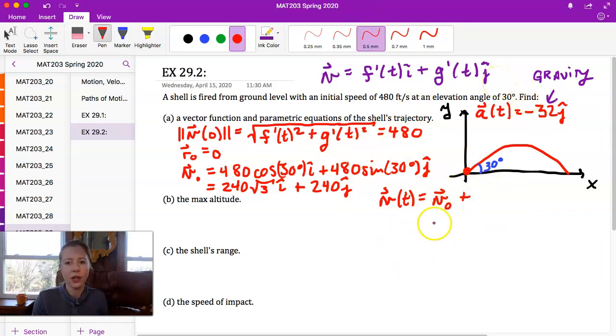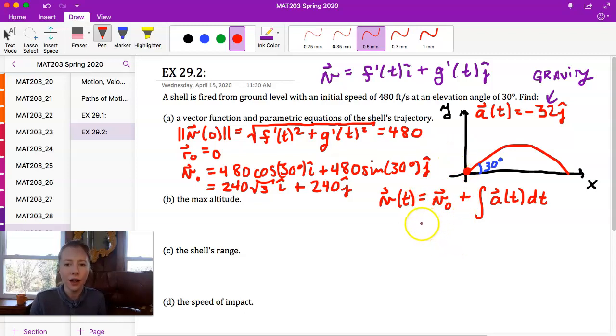So it's going to be our initial velocity plus the integral of our acceleration dt. Because remember, if you integrate acceleration, you get velocity plus a constant, and that constant is actually the initial velocity. So that's where that comes in.